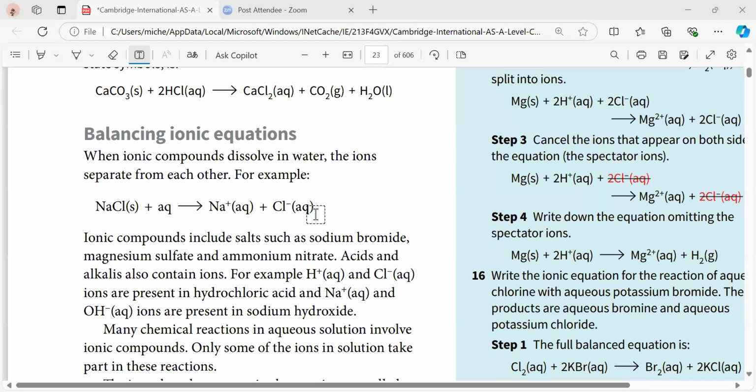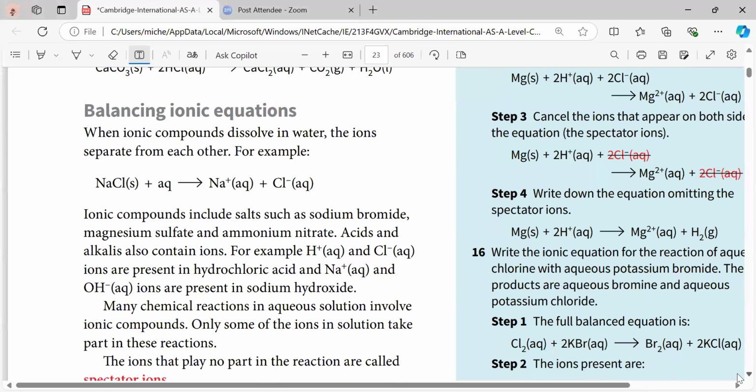Okay, so now we have an example right here. Usually ionic compounds include salts, stated right here as sodium bromide, magnesium sulfate, and ammonium nitrate. Acids and alkalis also contain ions, for example H+, which is aqueous, and then we have chlorine, which is aqueous as well.